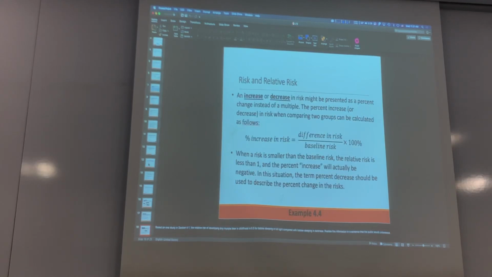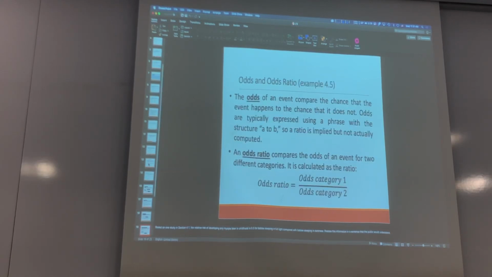Now with odds ratio, an odds of an event. So an event compare the chance that the event happens to the chance of فرق عن الريسك. هني أنا في شغلة في event معين راح يصير. So it's not a risk. Okay. So I want to compare هني إحنا قلنا risk of cancer.